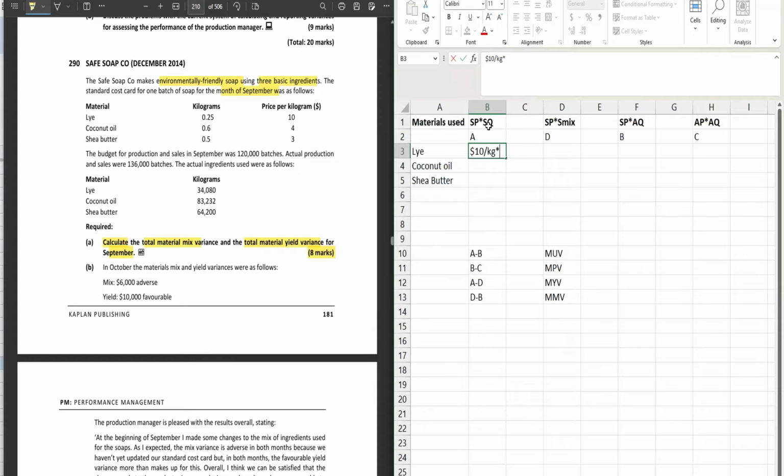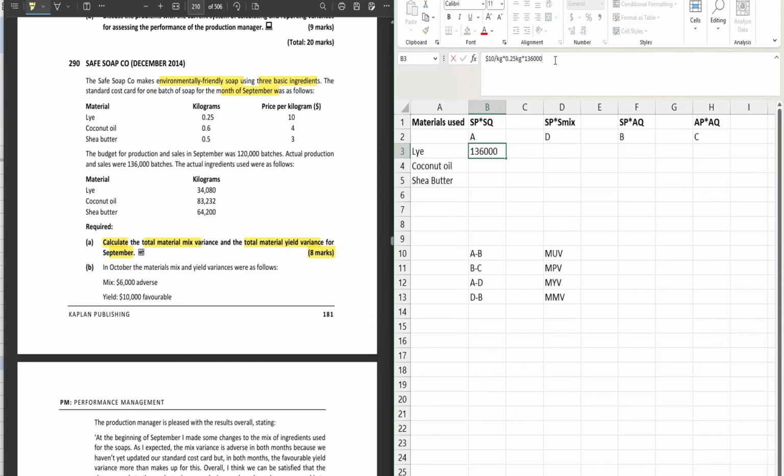Standard quantity means, if we are producing the final goods, here the final product is one batch of soap, how much material is being used while we are producing one batch of soap, and it's already given in the question, that is 0.25 kg. Again, one more time, SQ means standard quantity required for actual production. This is the standard quantity and actual production is here 136,000. I hope up to here it is clear.